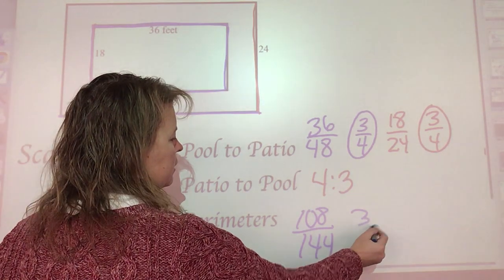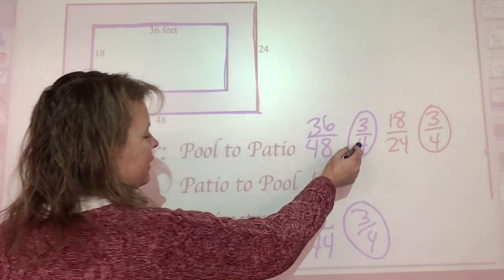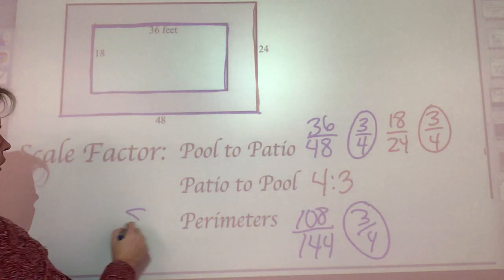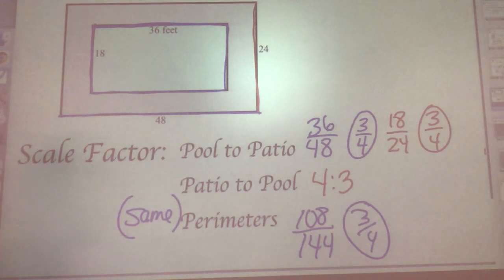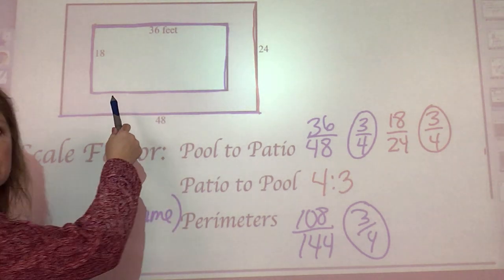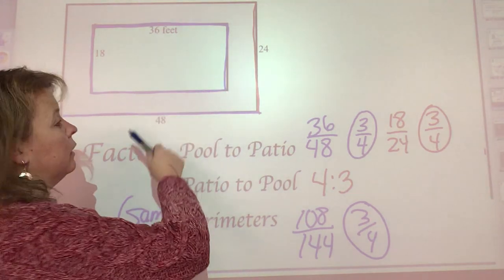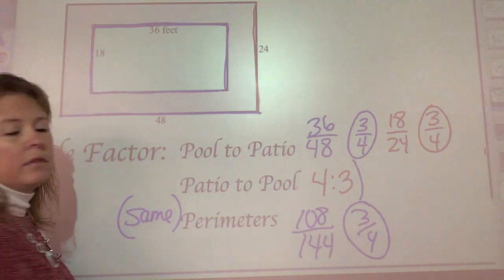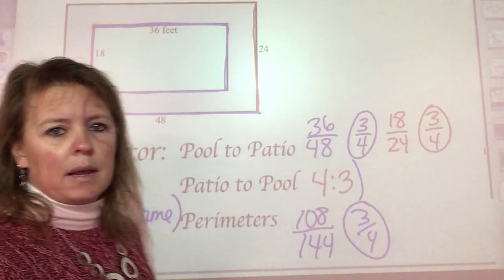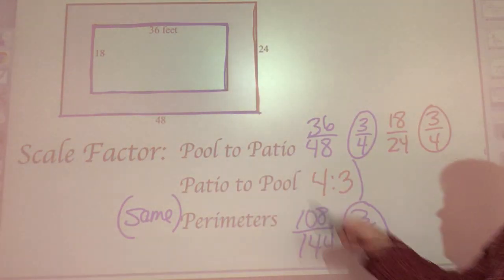The perimeters have the same exact scale factor as the sides. We could have saved ourselves a lot of time. Instead of adding and reducing, we know that the scale factors are actually the same for the perimeter and the sides.